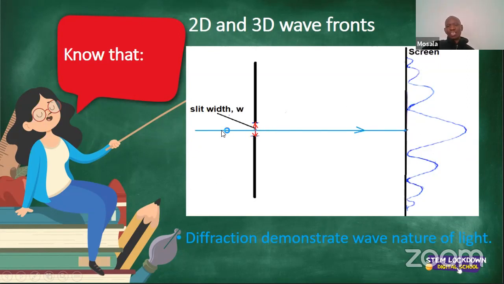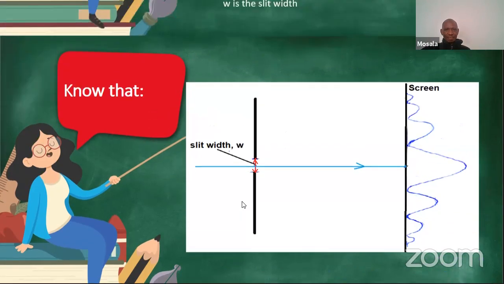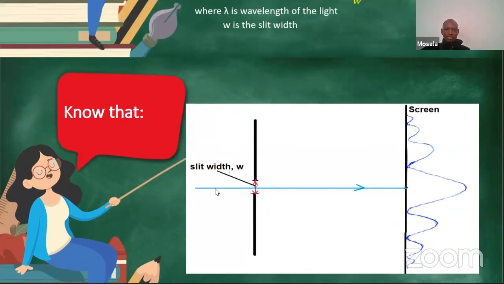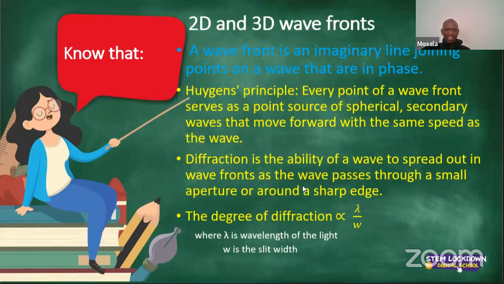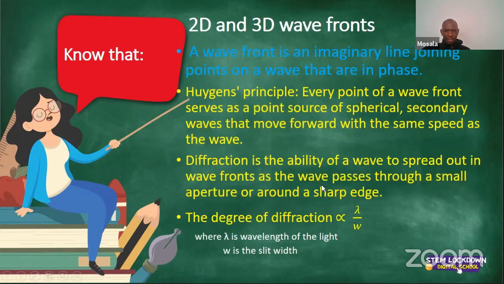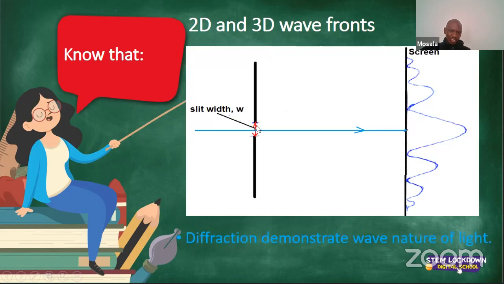But in the process, coming back to diffraction, we have said that it is the ability of a wave to spread out wavefronts as the wave passes through a small opening or around a sharp edge. Here, as it goes through a small opening, the wave is spreading out into secondary wavelets.